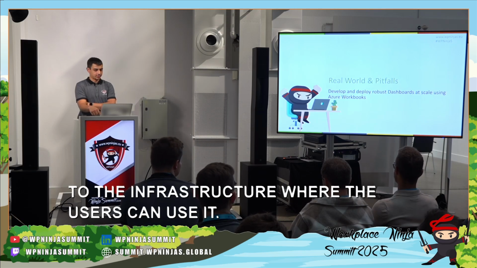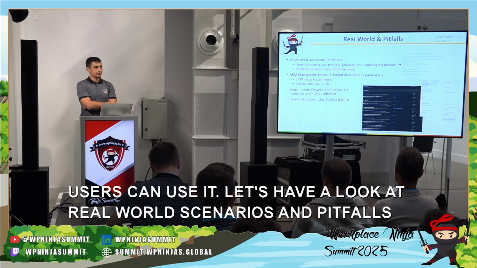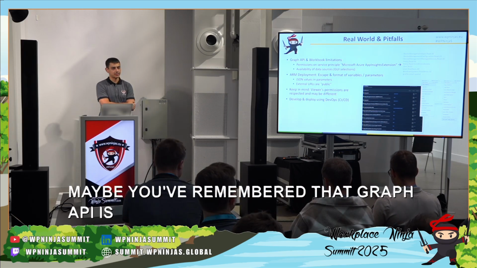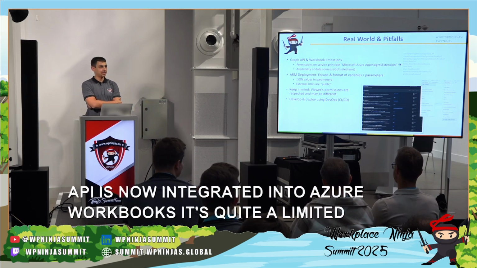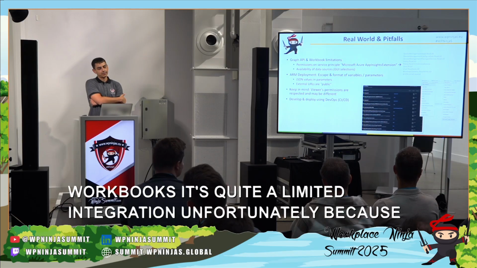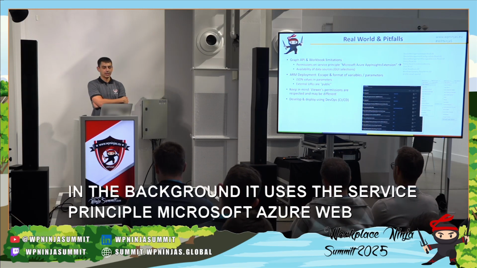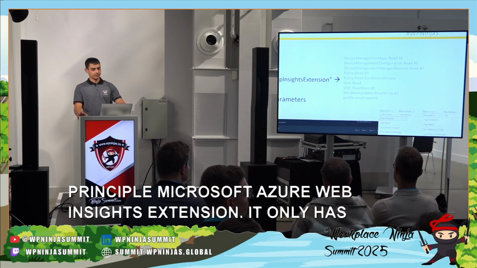Let's have a look at real-world scenarios and pitfalls. Maybe you remember that Graph API is now integrated into Azure Workbooks. It's quite a limited integration, unfortunately, because in the background it uses the service principal Microsoft Azure App Insights extension, where it only has these permissions.